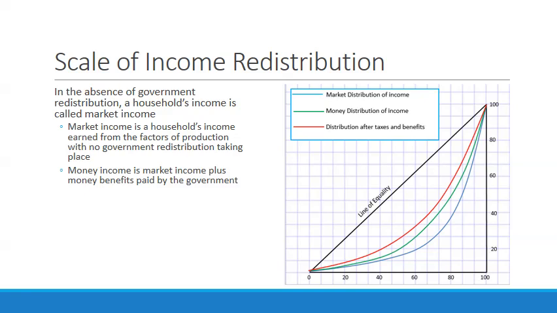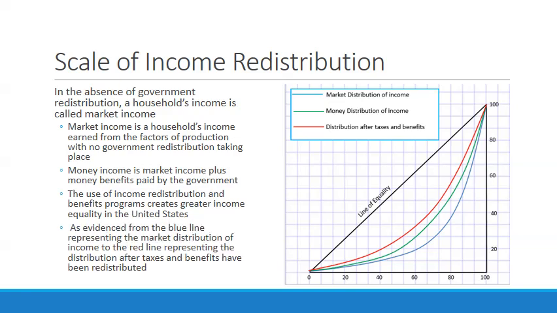Money income is market income plus money benefits paid by the government. So that's green. In other words, money income is designed to increase equality. The use of income redistribution and benefits programs creates greater income equality in the United States. Well, how do we know that? Look at the red line. Notice that the red line is closer to the line of equality than is the blue line. So on this Lorenz curve, what it's showing us is very simple: the move from the market distribution of income, blue, to red represents the distribution after taxes and benefits have been redistributed.